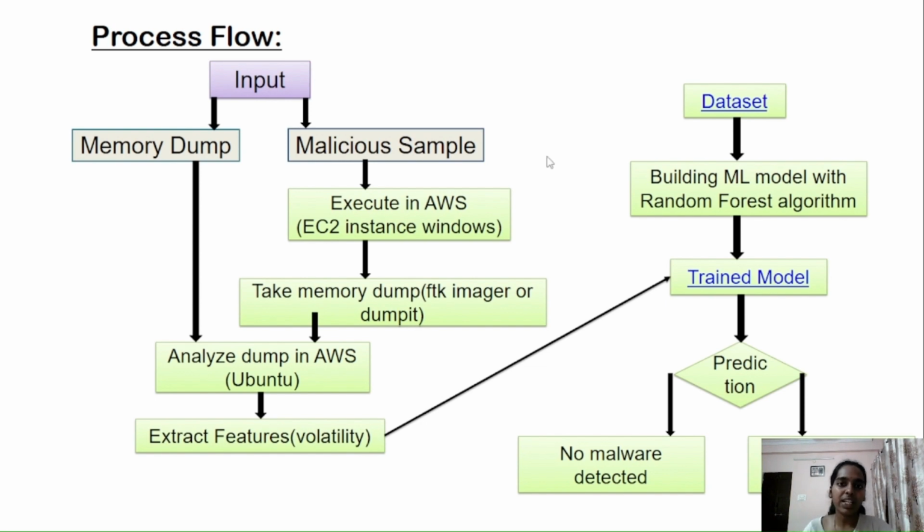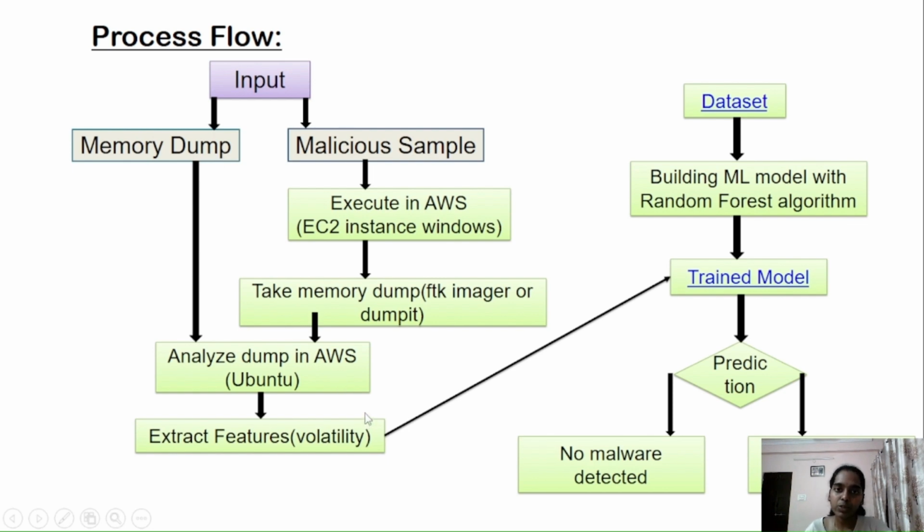When you give any sample, like a phishing mail or a website link, it gets executed in the EC2 Windows instance. We've chosen Windows because it's more vulnerable. After executing, we take the memory dump of the EC2 Windows machine and analyze it. If you give the memory dump directly, we'll take that to the analyzing step.